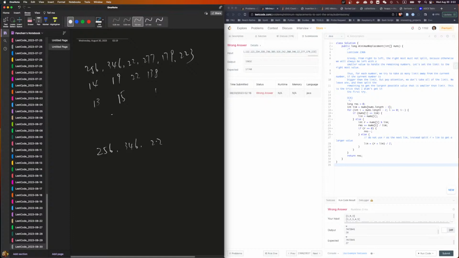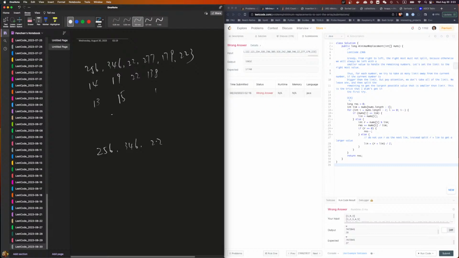No, plus, wait, hold on. 346 divided by 22 is 15, right? 15 times 22 minus 346, right? 16 plus 22 divided by 2 is 19, yeah.